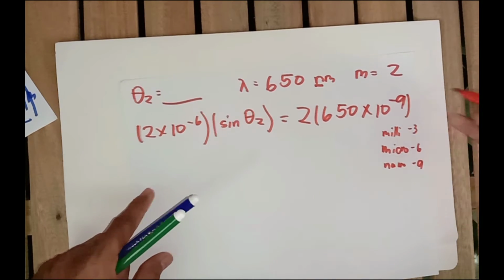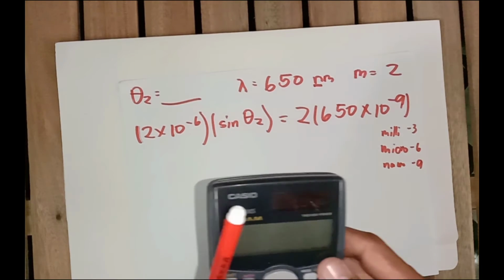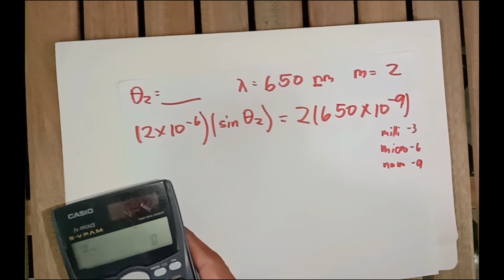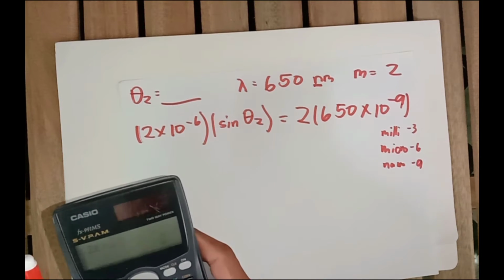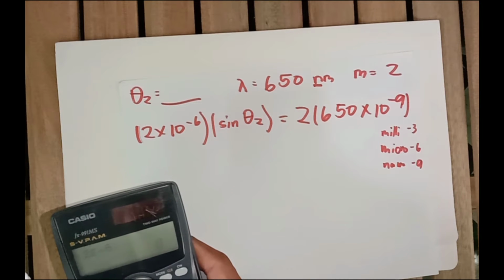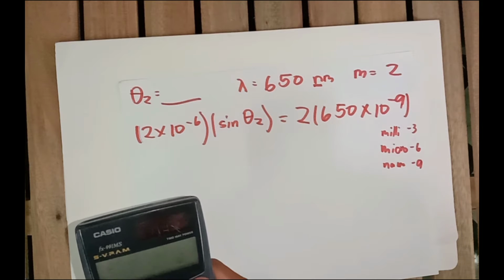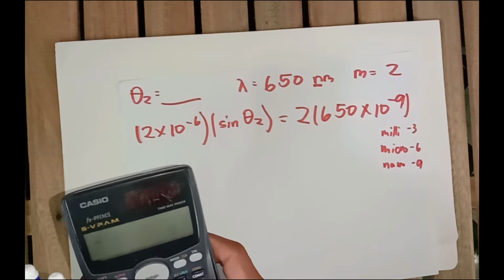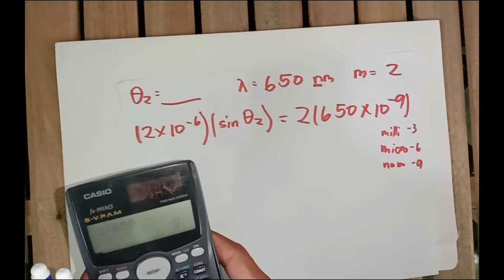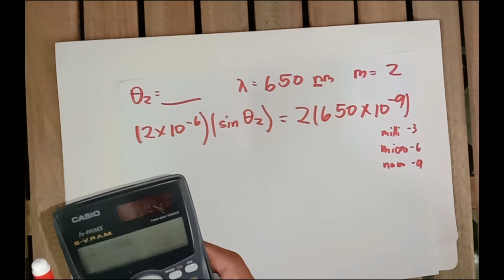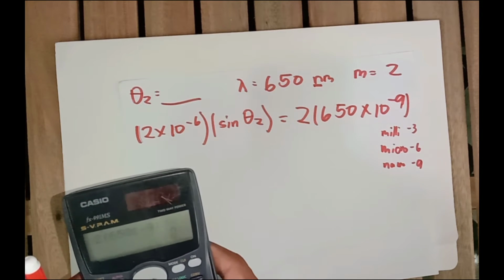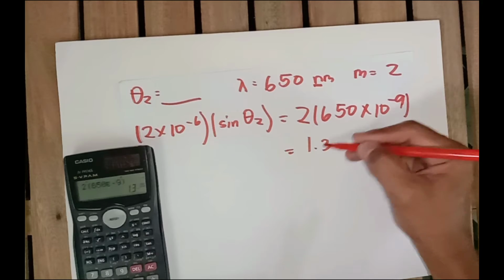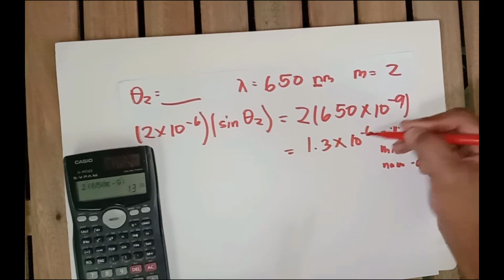Okay, we have to plug in. 2 times 10 raised to negative 6 times sine theta 2 is equal to 2 times 650 times 10 raised to negative 9, which is 1.3 times 10 raised to negative 6.